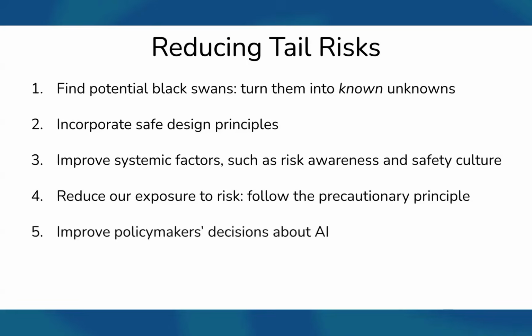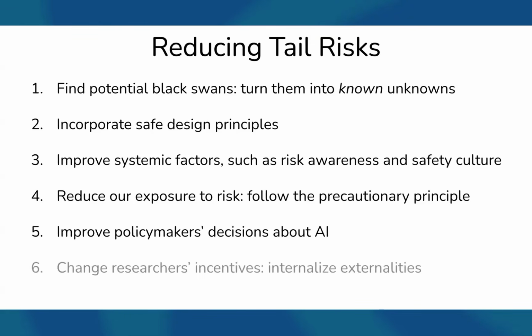Other useful things are improving the epistemics of decision makers and improving institutional decision making. Having them just understand this AI problem, for instance, is robustly useful for not walking into tail risks. And another intervention is changing researchers' incentives. Make them have skin in the game. Make them internalize their externalities. Don't let them just get the benefits of AI while not absorbing or having any responsibility over the risks.